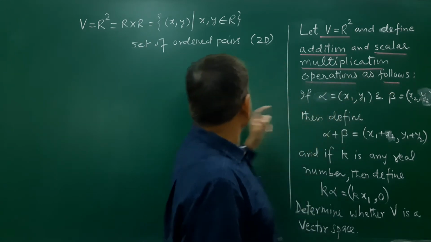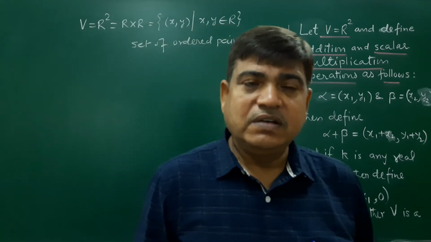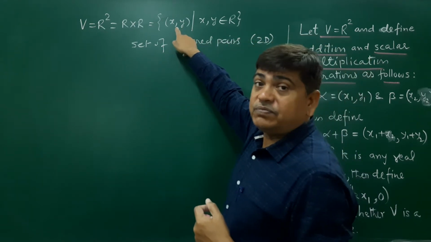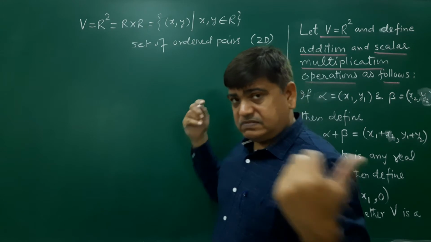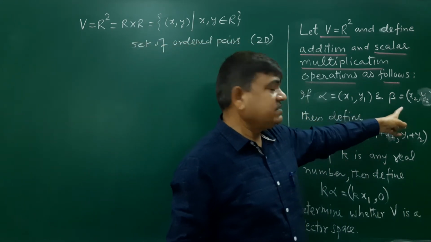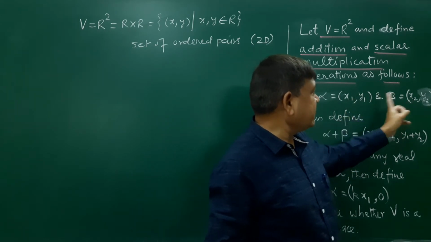So here we see V equals R square and define addition and scalar multiplication operations as follows. You consider two members from V, that means alpha and beta. What is the nature of alpha? In the form of ordered pair. Beta, again it is in the form of ordered pair. So alpha plus beta, first is added to first, second is added to second.